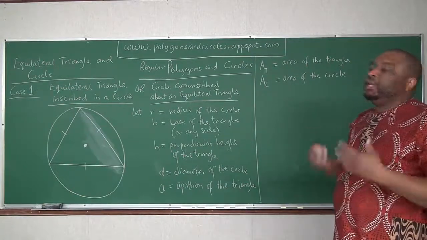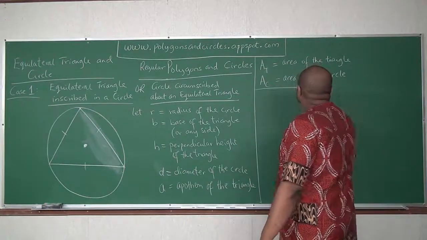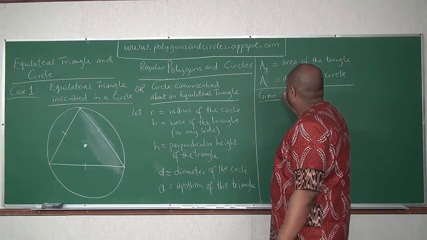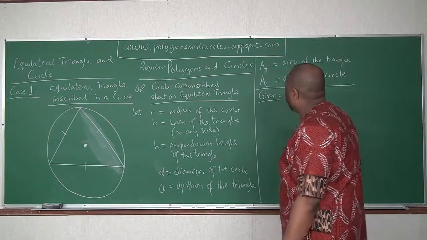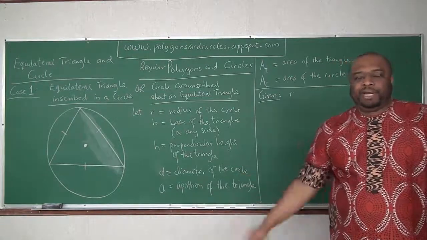So let's now, I'm going to use yellow as needed to illustrate some of these terms. So assuming you were given the radius of the circle R, and you have to find every other thing.